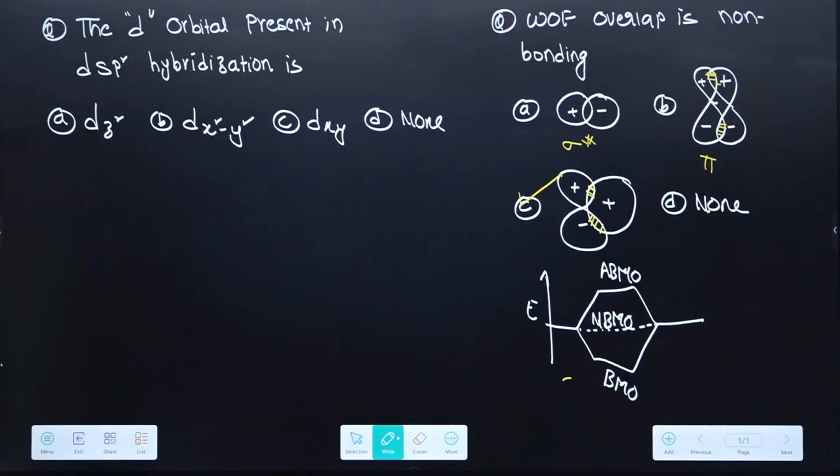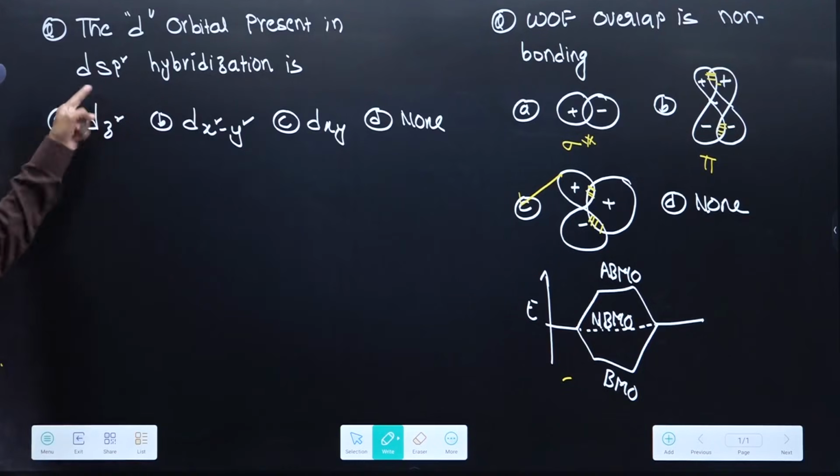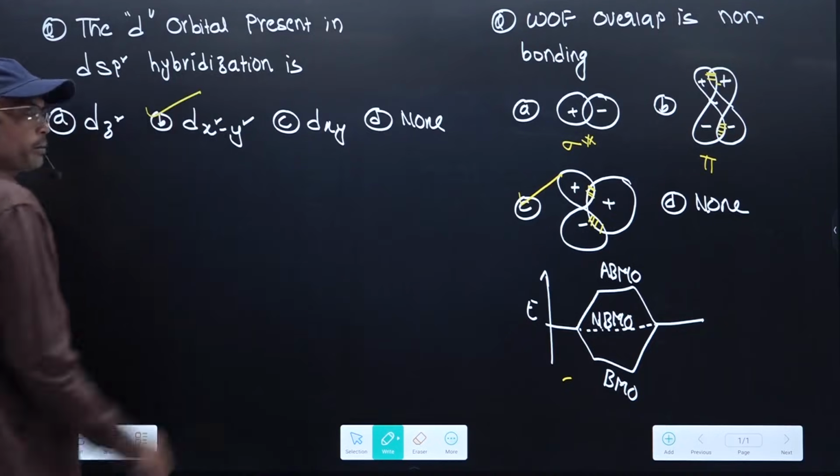Which d orbital is present in dsp2 square planar? Is it square planar or not? sp3 means tetrahedral, dsp2 means square planar. What type of d orbital is present in dsp2? What is the answer? dx square minus y square.